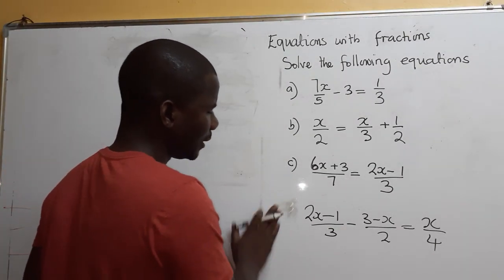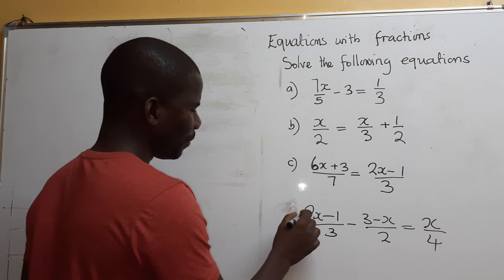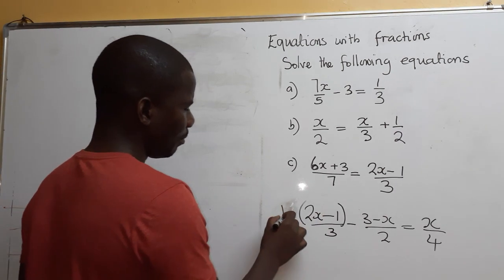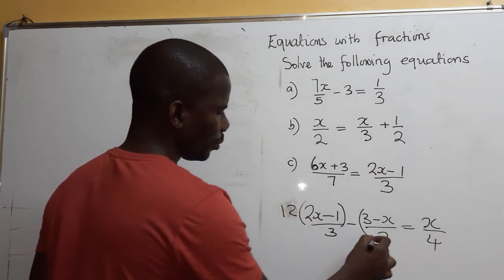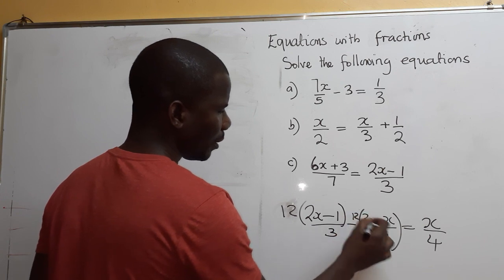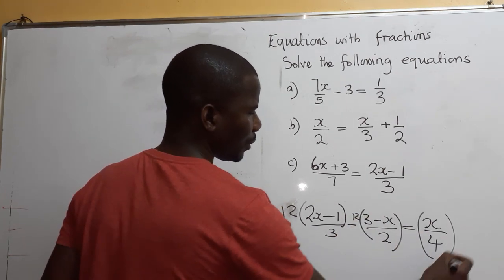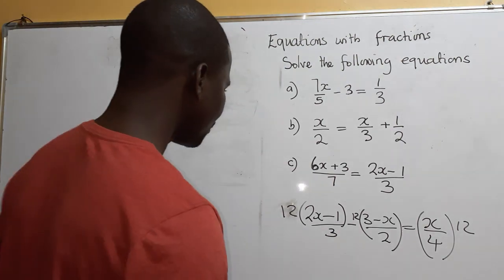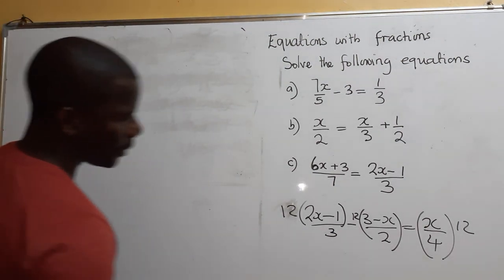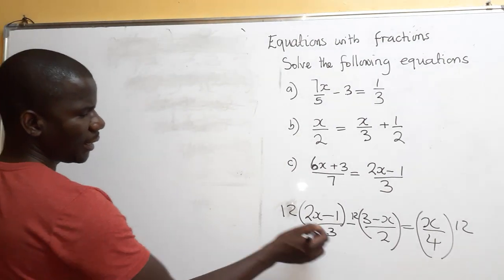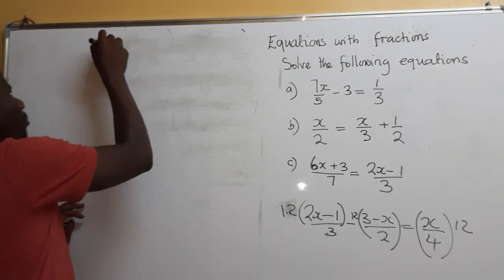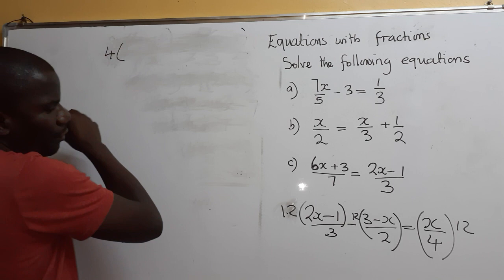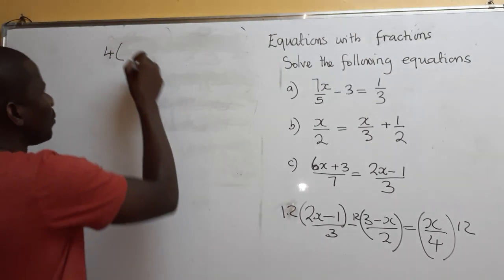So when I multiply here, you do this by 12. You do this also here by 12. You do this also here by 12. Is that clear? Then we say now 3 into 12. Follow. 3 into 12, it's going to be 4.